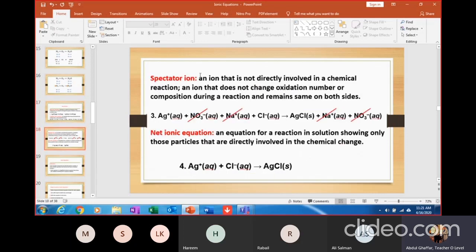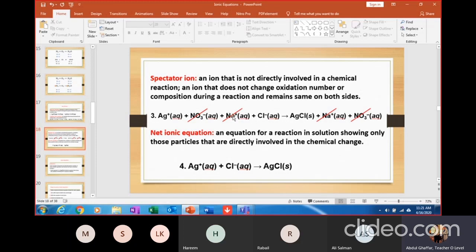Then spectator ions. What do you mean by spectator ions? Spectator ions are those which do not take part in the chemical reaction and which are cancelled out, and which are the same on both sides with respect to state. Their state, charges, mass, everything will remain the same. Like here, nitrate is in aqueous state, and here also nitrate is in aqueous state.